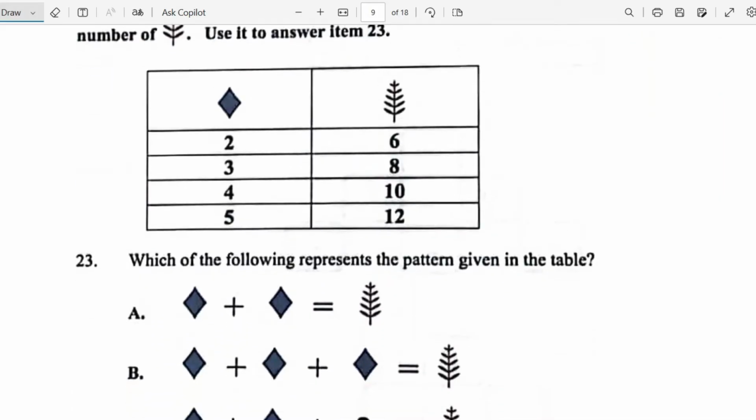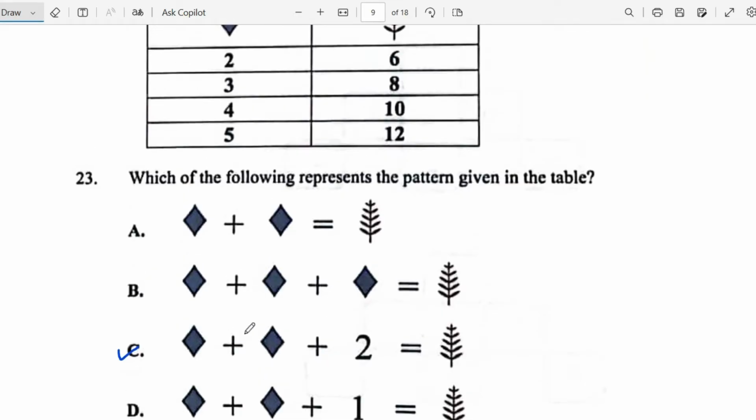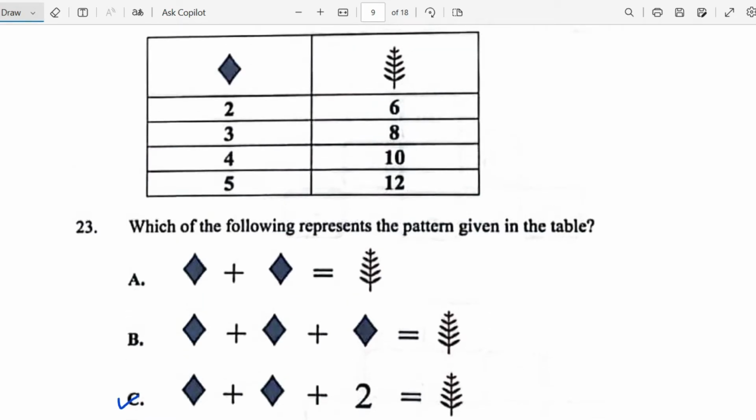Which of the following could represent the pattern given in the table? And we see that the correct pattern is the diamond plus the diamond plus 2 equals the leaf. And let's check our answer. 2 plus 2 plus 2 equals 6. 3 plus 3 plus 2 equals 8. 4 plus 4 plus 2 equals 10. And 5 plus 5 plus 2 equals 12.